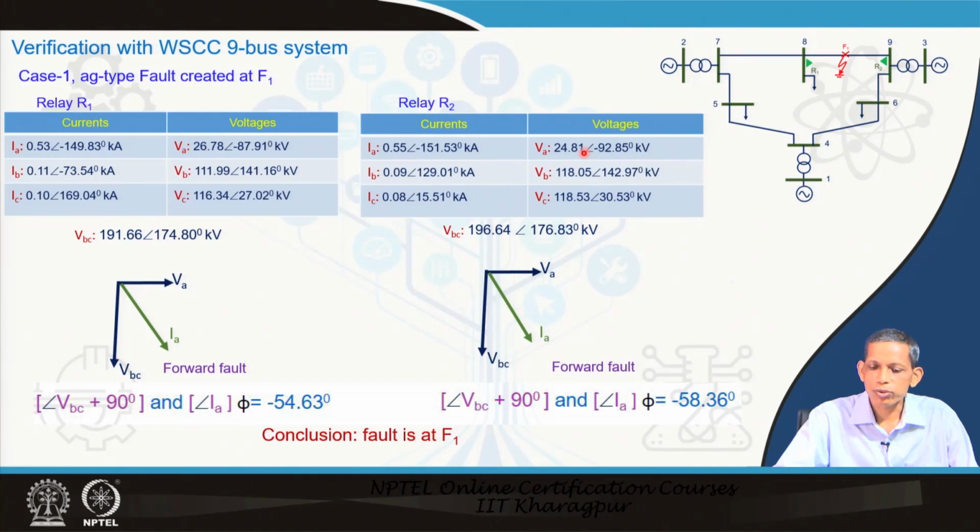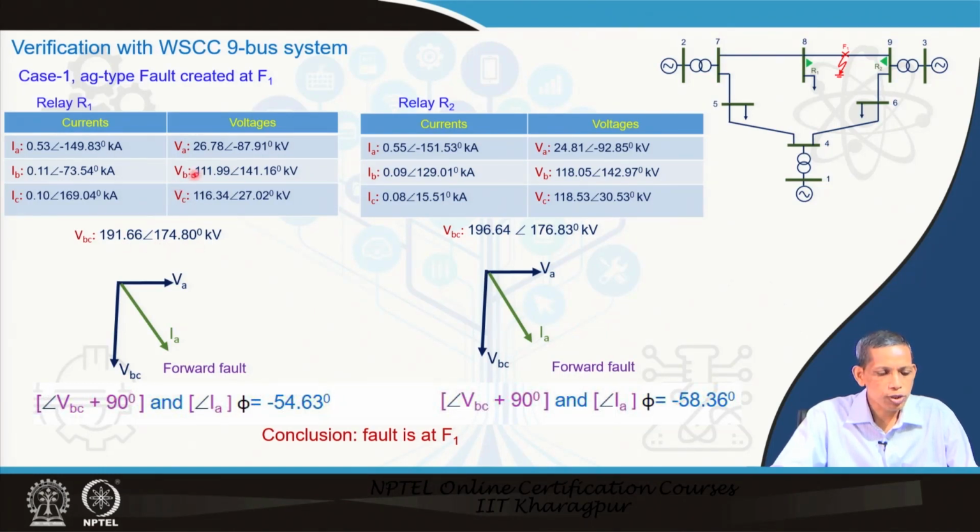At bus 9, relay R2 also sees the phase A voltage substantially low. Now I can apply the quadrature voltage approach. One can also use the phase voltage approach.